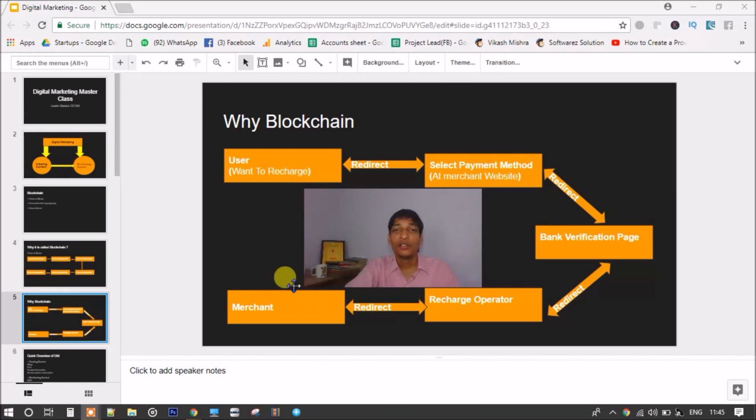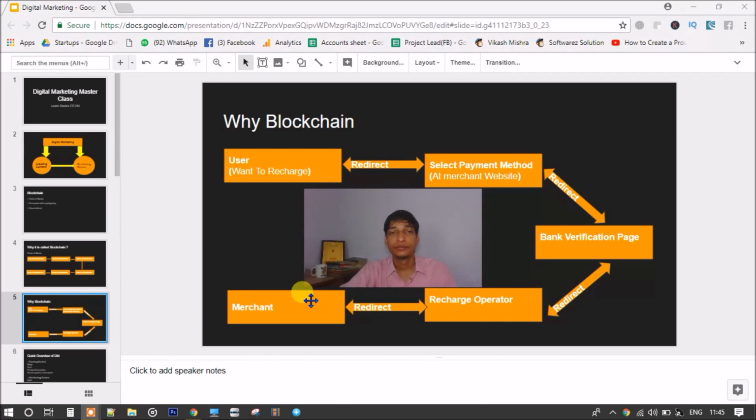So you can see the process is very complicated, not for the user, but in the back end. First, you navigate to different nodes: you are at the merchant website, then you are at the bank's page, then you are at the recharge operator page, then you are again at the merchant website.